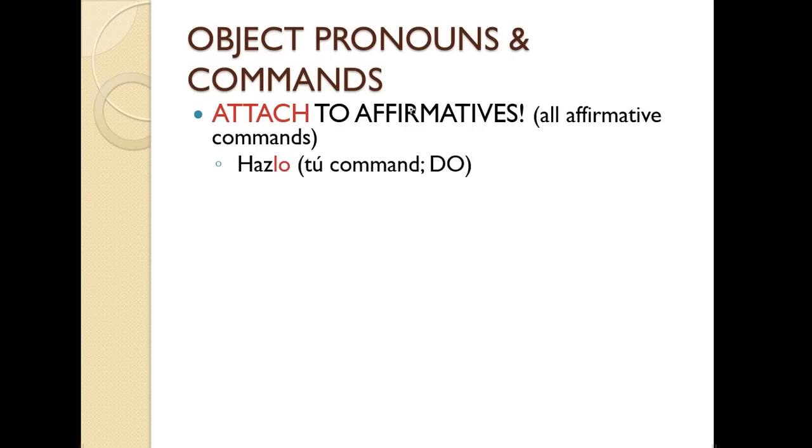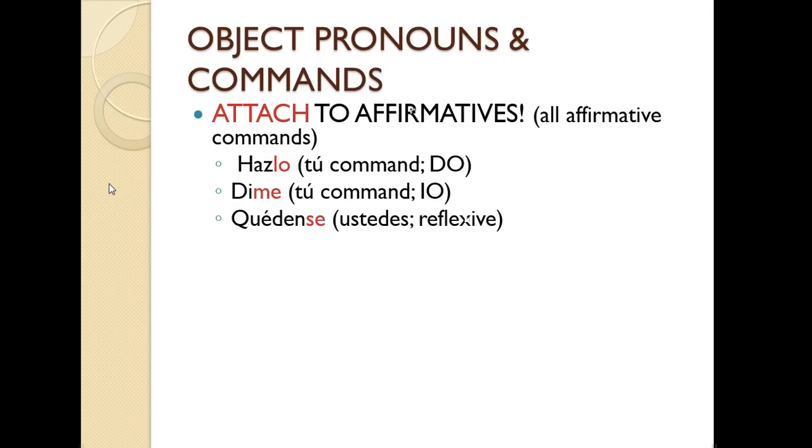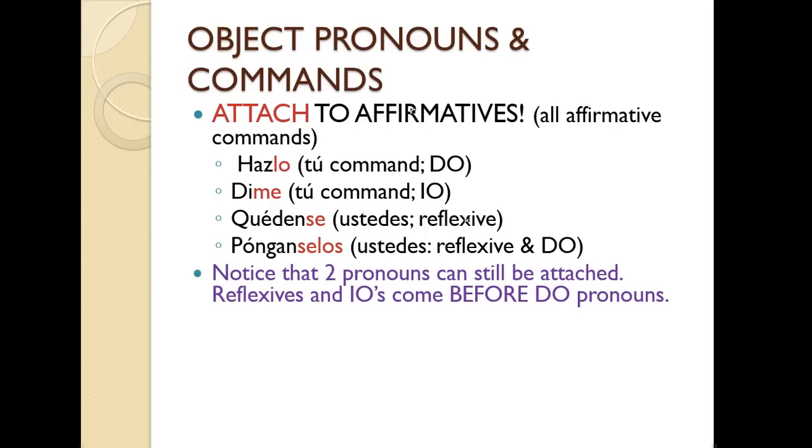So here's some examples. I've got hazlo. Notice that as, number one, is a tú command. It's one of the shorties. And then I'm attaching my lo, my direct object. Dime, tell me. Quédense. Pónganselos. Notice here that two pronouns can still be attached.